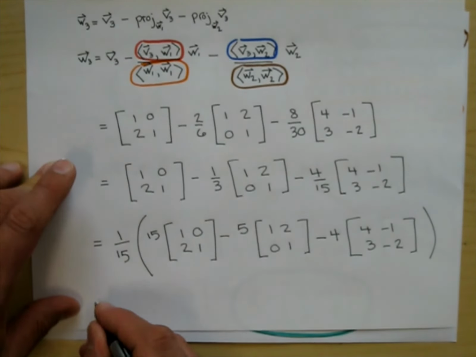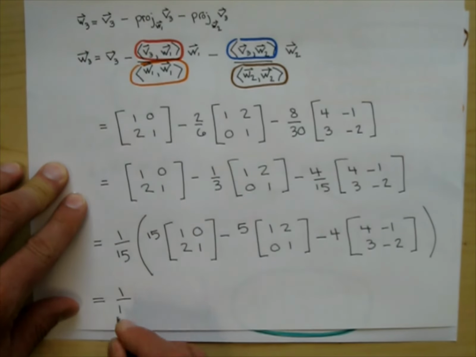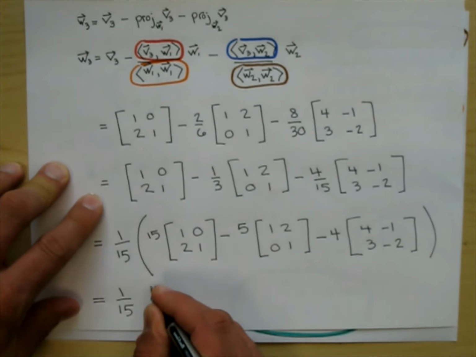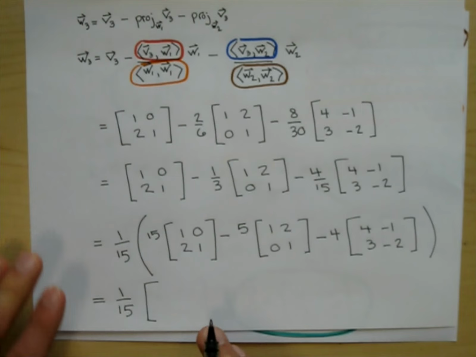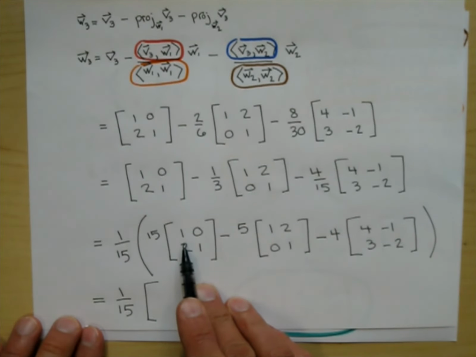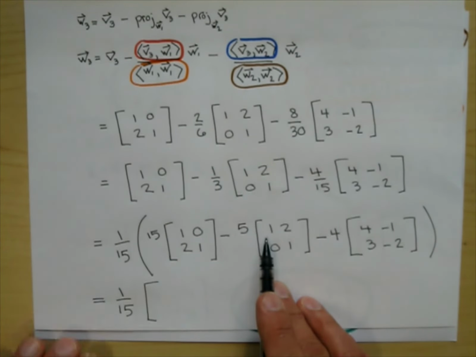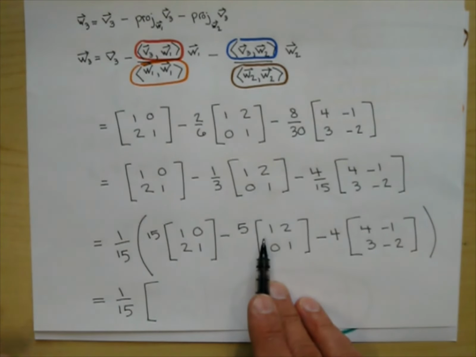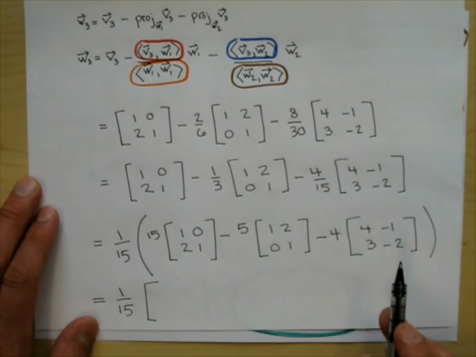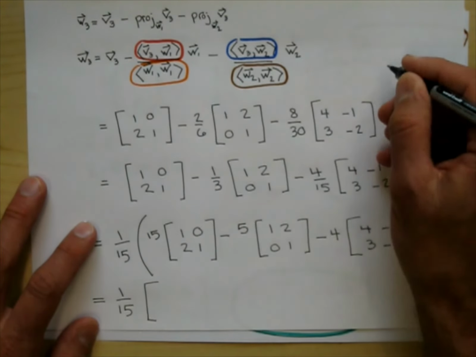So what do we have here? We have 1 over 15, and I'm thinking we can just finish this up now. This is going to be 15 minus 5, and then minus 16. I'll do it over here.